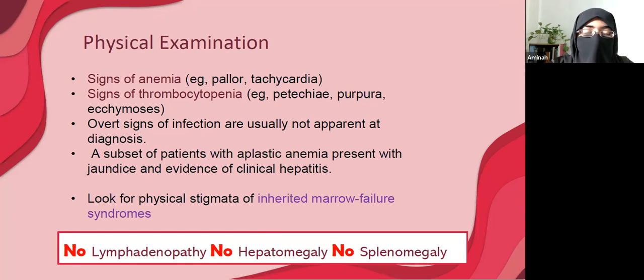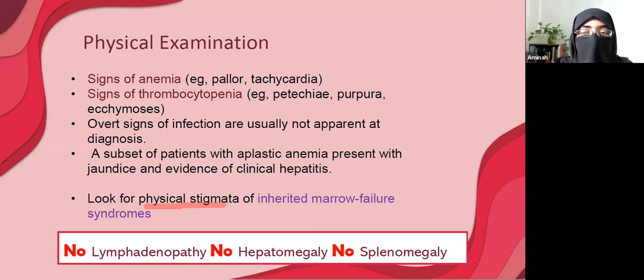Especially in children presenting with aplastic anemia with pancytopenia, you need to look for the physical stigmata that were listed in the table before, which will indicate the presence of an inherited bone marrow failure syndrome. Another important characteristic of aplastic anemia is that on physical examination, you would not find any organomegaly. So that would be no lymph node enlargement or liver or spleen enlargement.